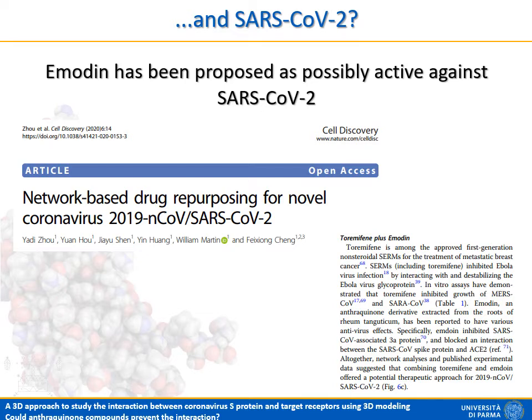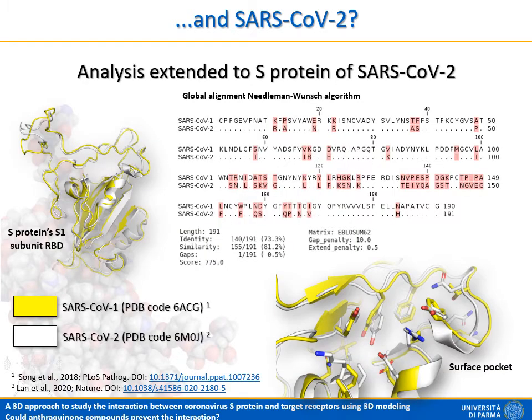And a degree of functional conservation between the old coronavirus spike protein and the spike protein of the new coronavirus could be useful to design new strategies based on Emodin. What we did was the comparison between the sequence of the old spike protein and the new spike protein.